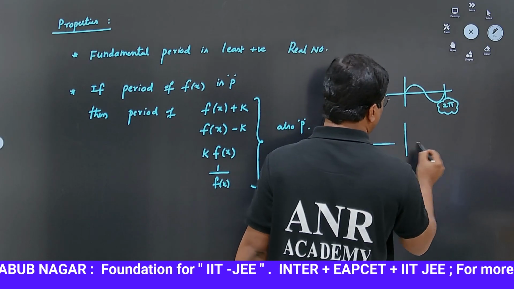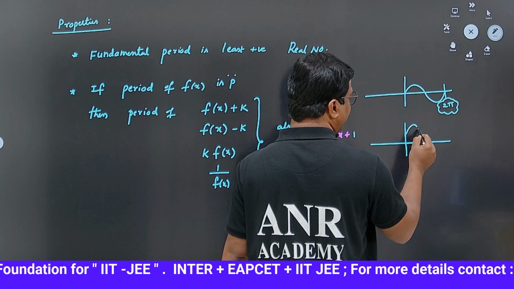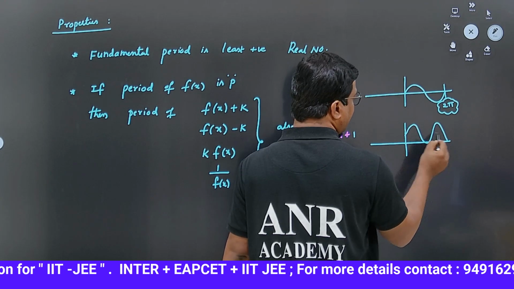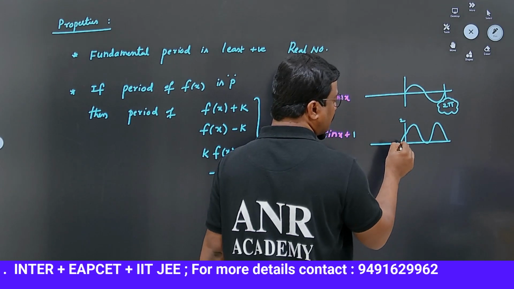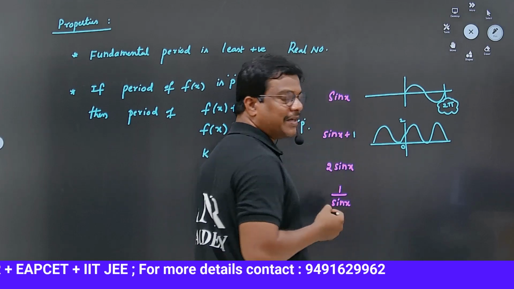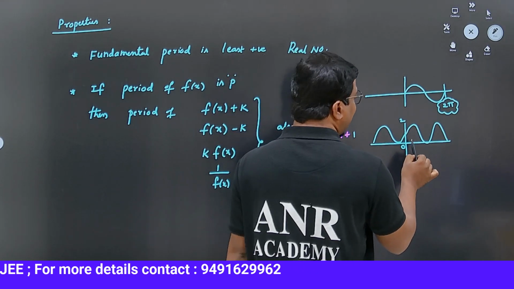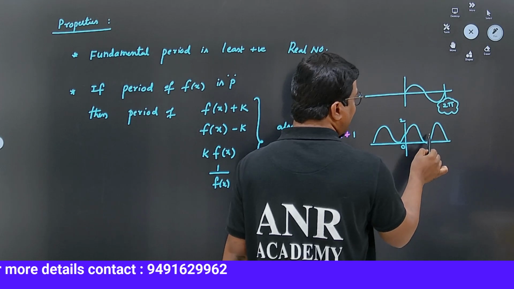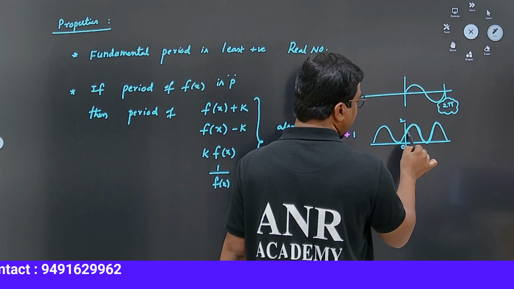The graph of sin x plus 1, whose range is 0 to 2, you will get in this way. And observe, whatever graph you have at the origin, the same graph repeats here.